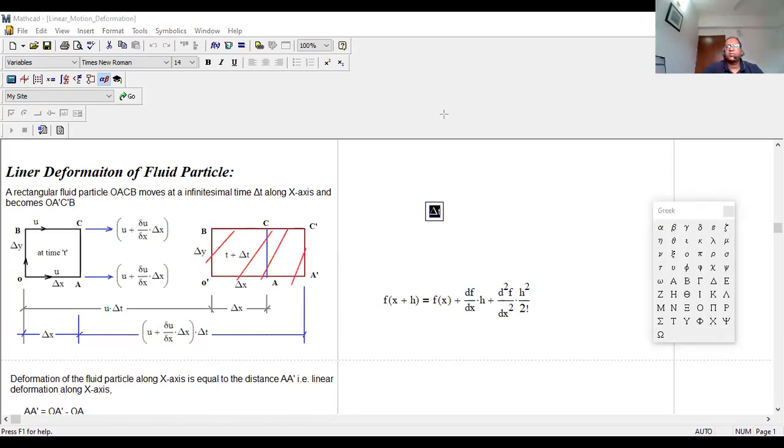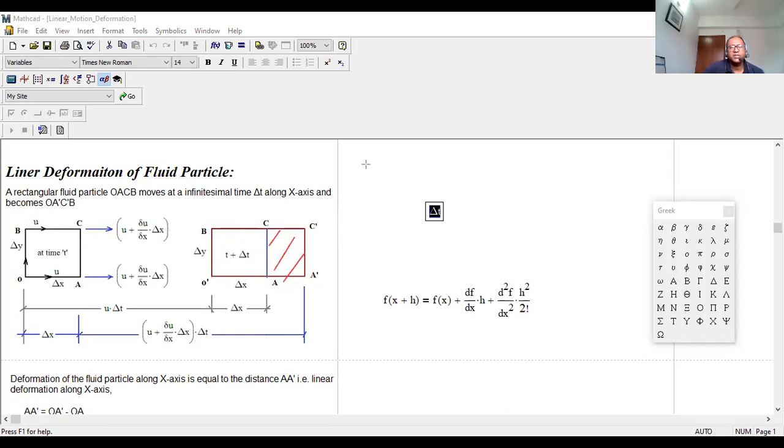Now you need to derive the mathematical equation. You see how much its dimension increases along the x-axis. The dimension increases only this much.